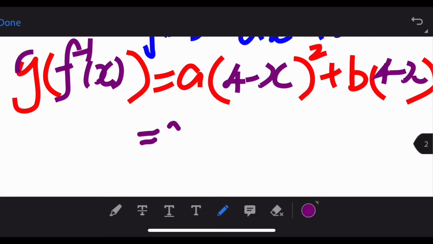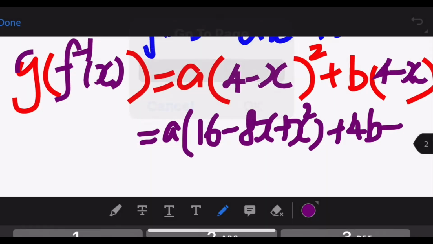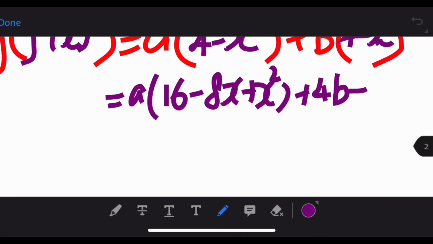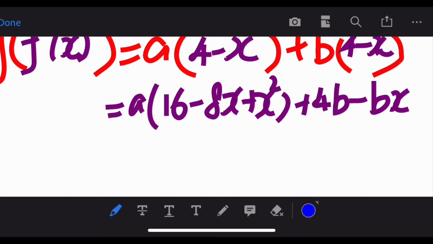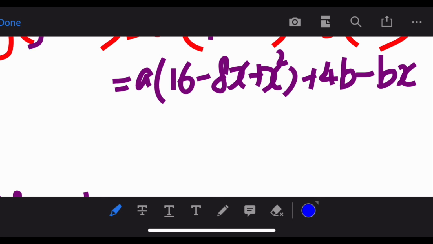So we have a(16 minus 8x plus x squared) plus 4b minus bx. After expanding, I will try to simplify.